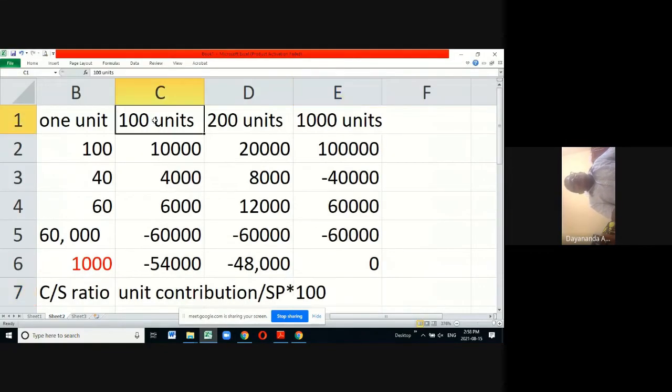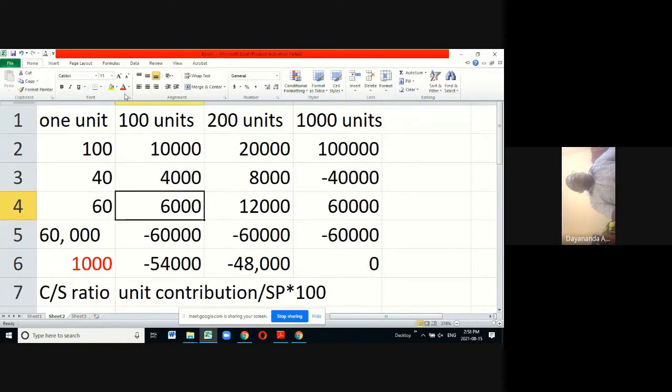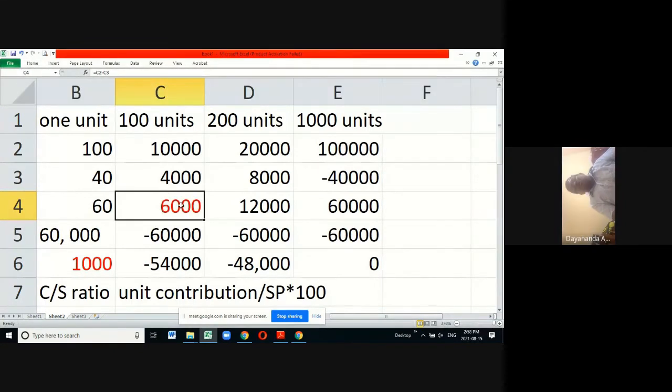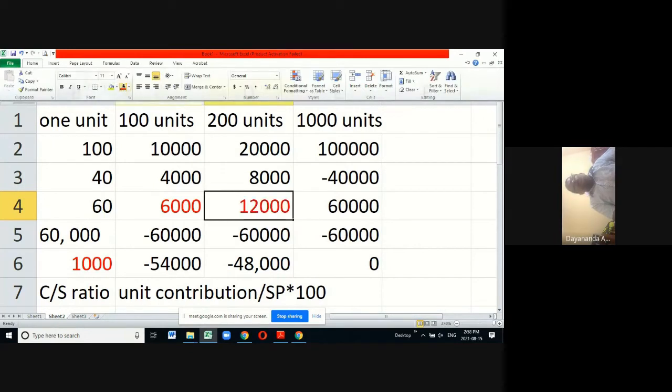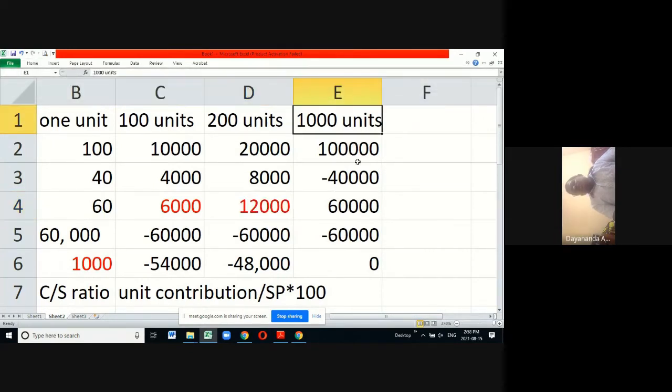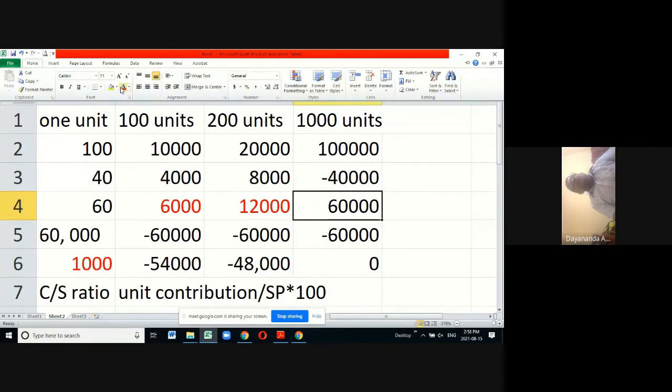If you are selling 100 units, total contribution is 6,000. If you are selling 200 units, total contribution is 12,000. If you are selling 1,000 units, total contribution is equal to 60,000.